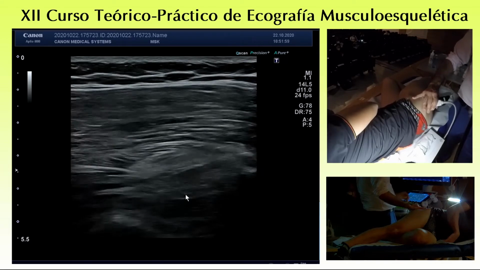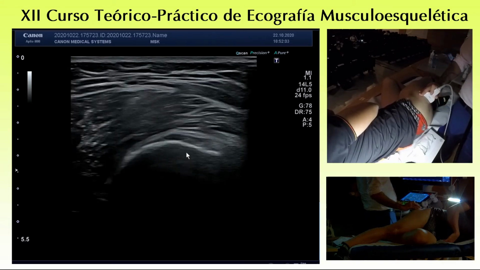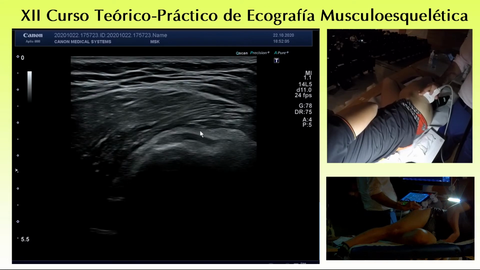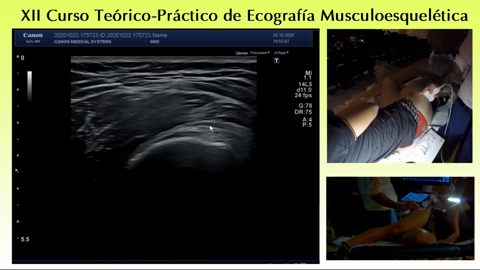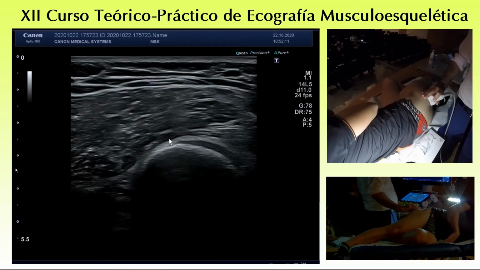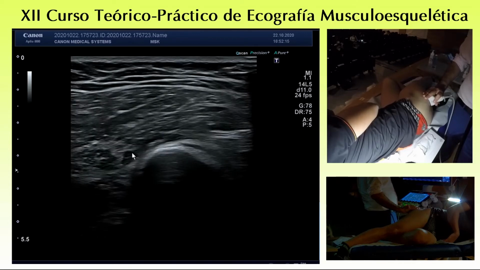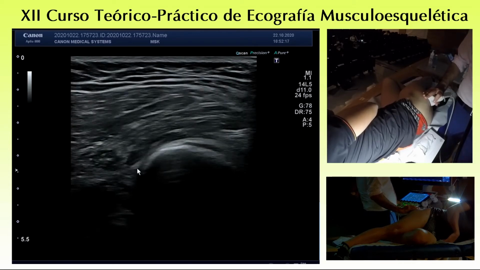So where is the bursa? When you look for the bursa, you have to look superficial to the gluteus medius, and sometimes the fluid collects just posterior at this level because it's the space where there is lower resistance.